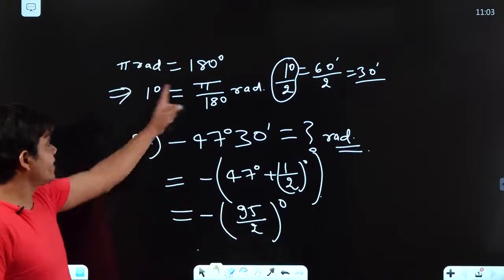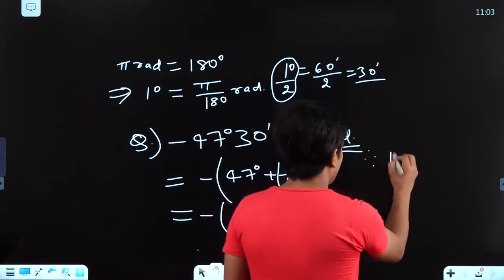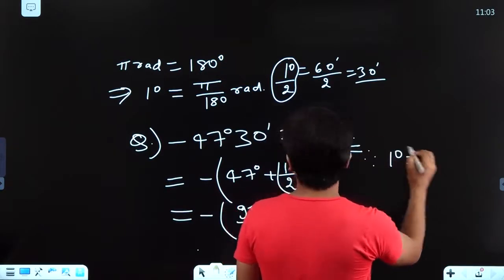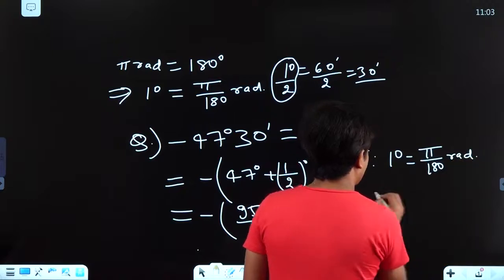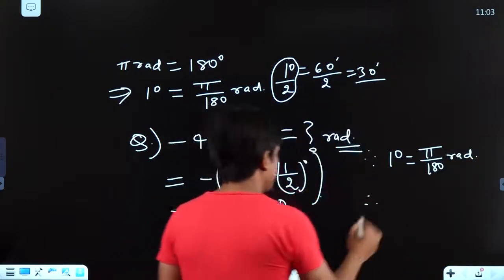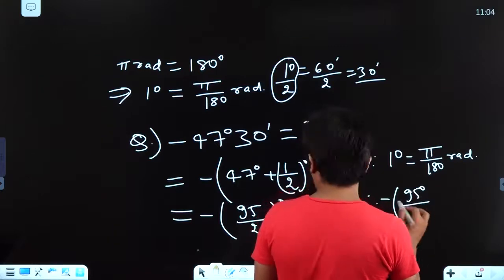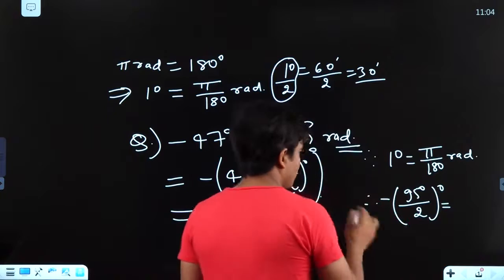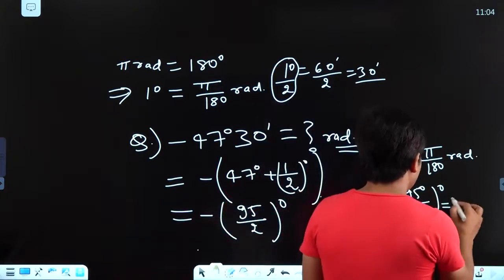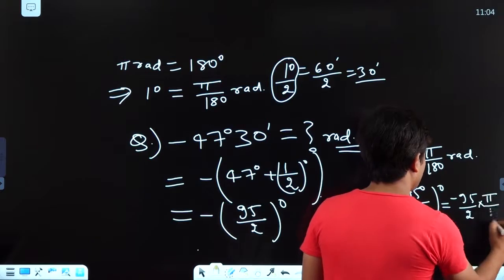As 1 degree is equal to pi by 180 radian, therefore minus 95 by 2 degrees will be equal to minus 95 by 2 into pi by 180 radian.